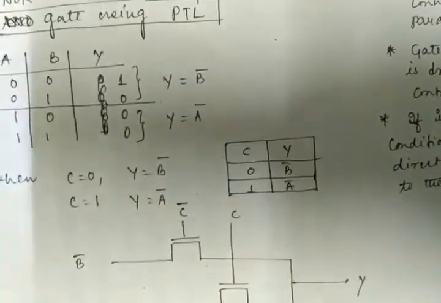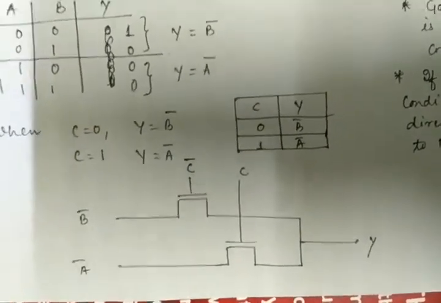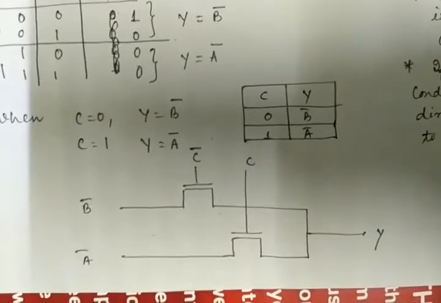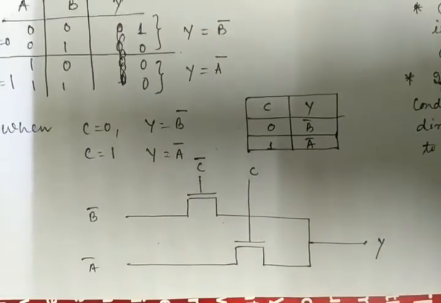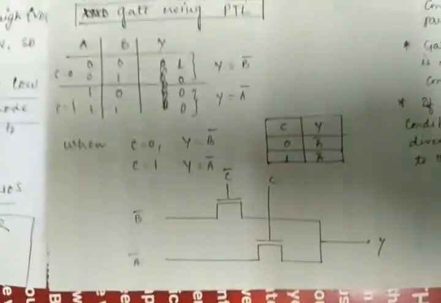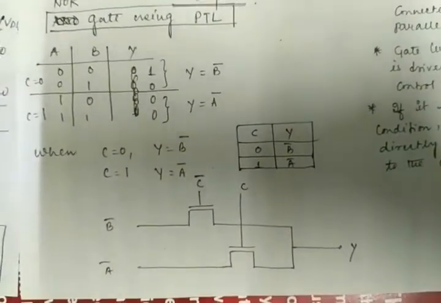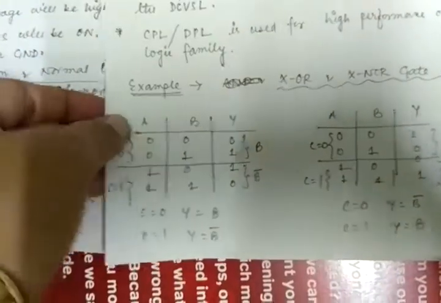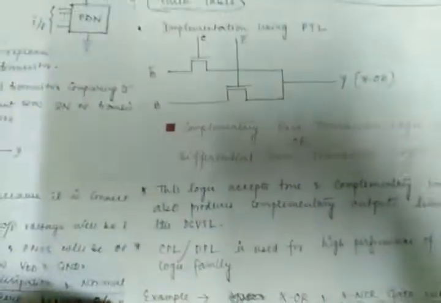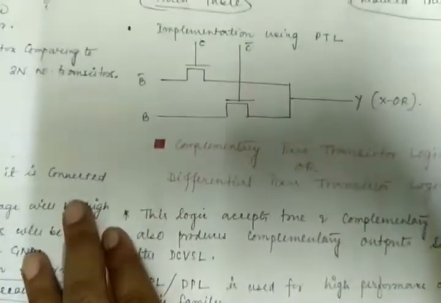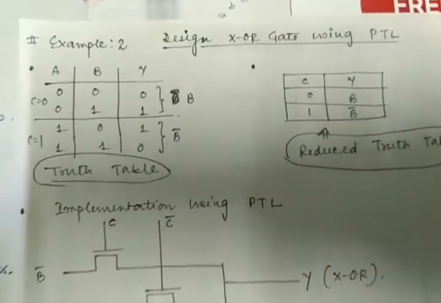So please do the truth table, reduce the truth table, and then implement this simple kind of logic. No harder, no complexity is there. It's very simple, but using your logic, using your concept, nothing else. One more thing: I have taken another example, that is the XOR gate.